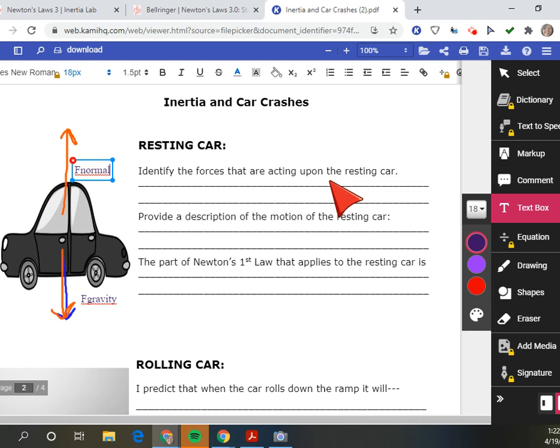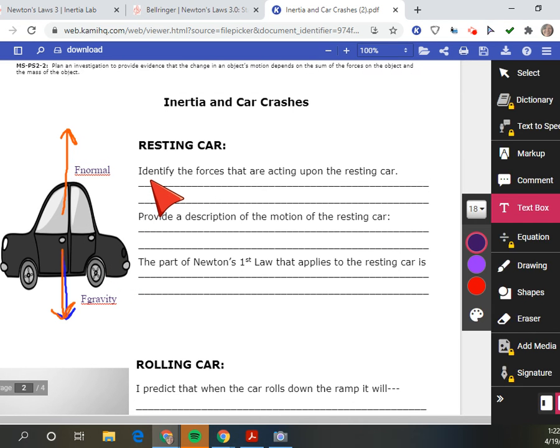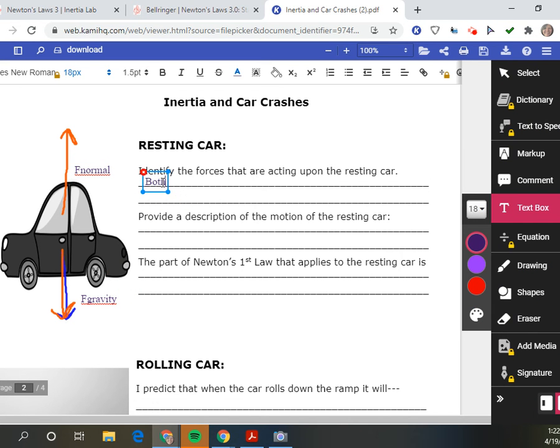Identify the forces that are acting upon the resting car. We just did. So you need to type them. Both gravity and the normal force are acting on the car that is sitting still. Okay.